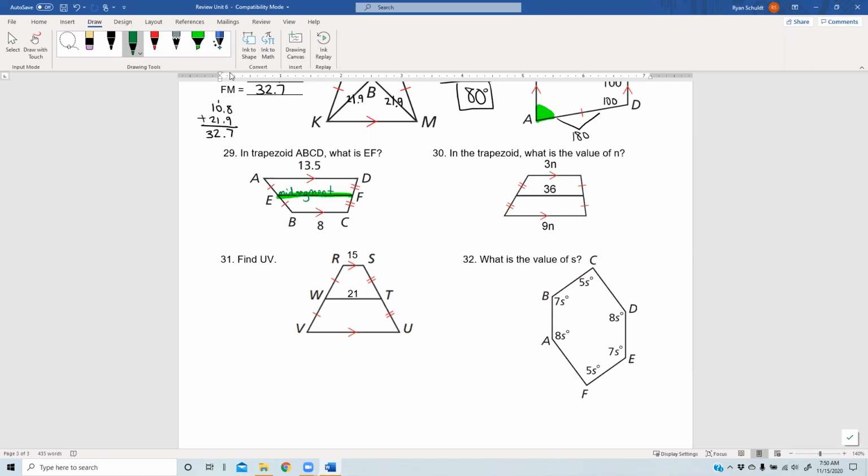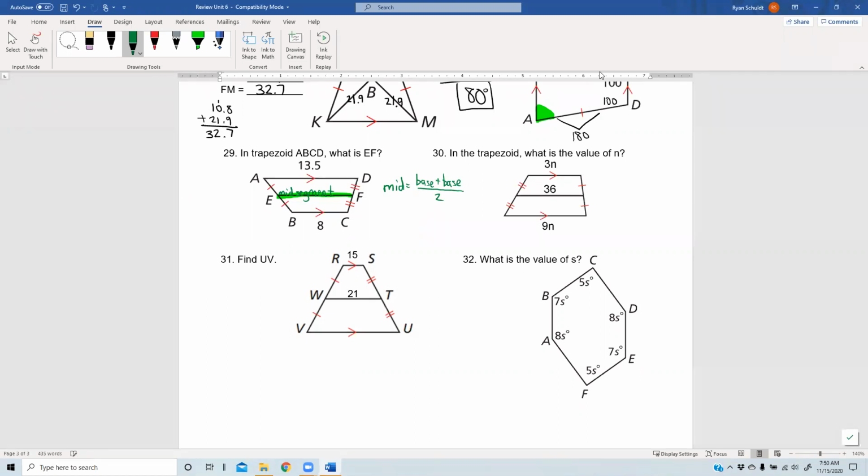And we've actually got a formula for mid-segment. The mid-segment, let me write this kind of in the middle here. Mid-segment equals base plus base divided by 2.